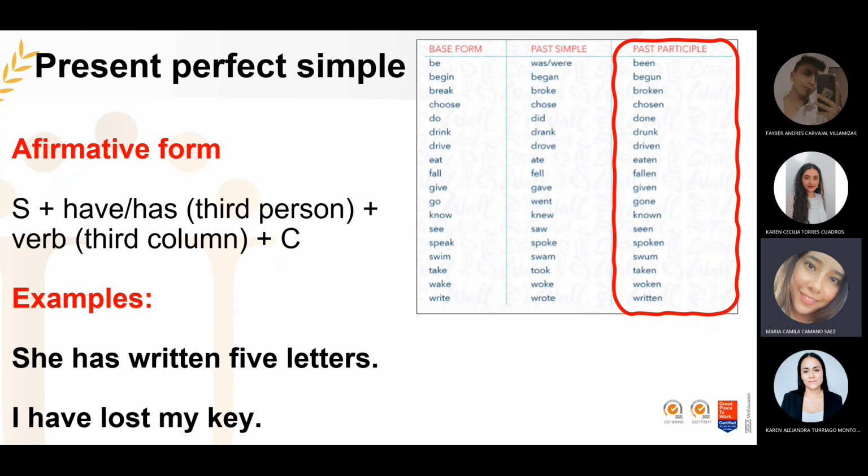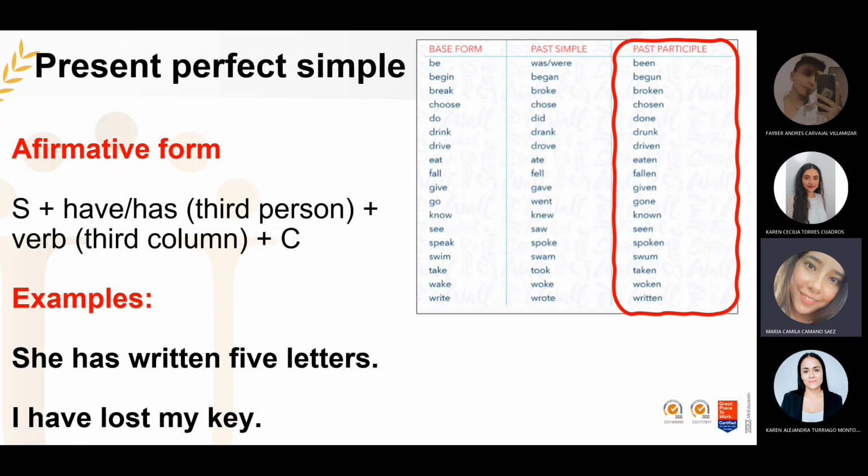So with he, she, and it, that is the third person, you only have to use has. And with the other pronouns, as Fiber said, we use have. Then we put the verb, but the third column of the verb, the past participle form. Remember, this list contains only irregular verbs.